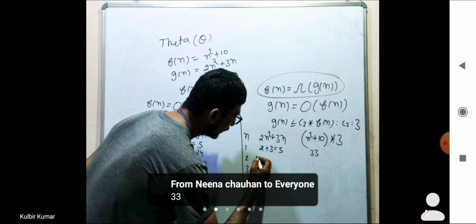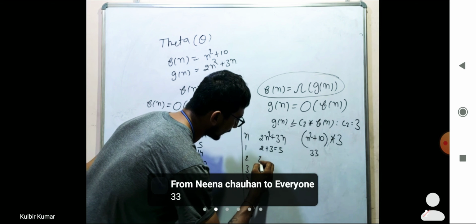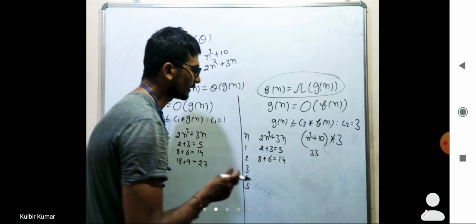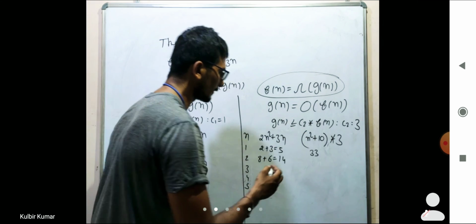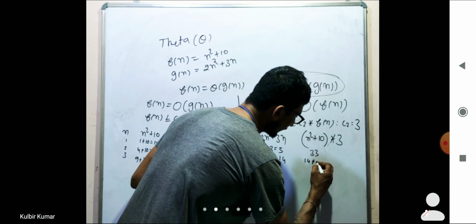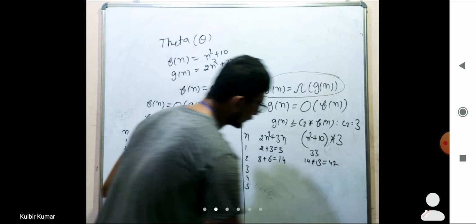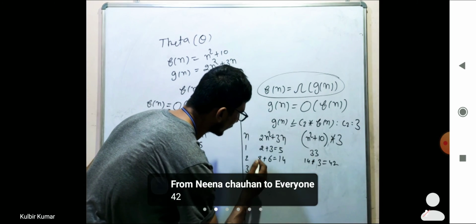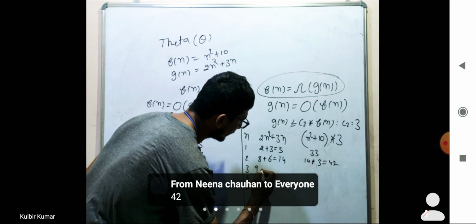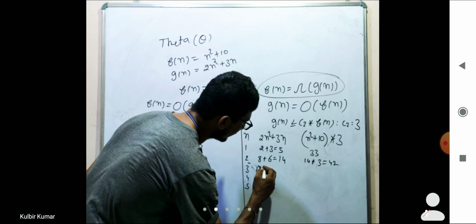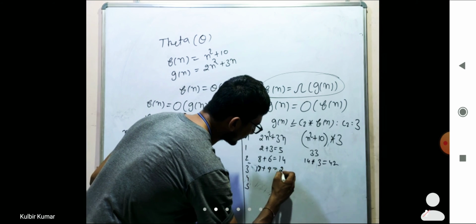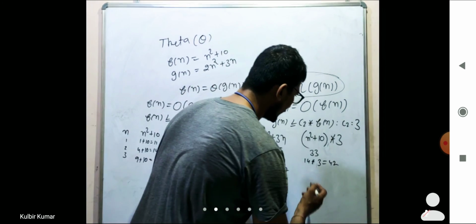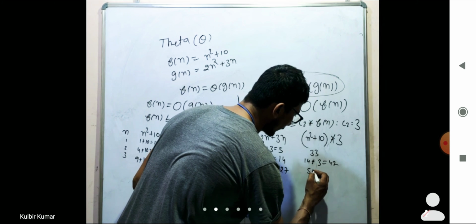Let us take 2. 2 का स्क्वायर कितना होता है? 4 into 2 8, 8 plus 6 14, और ये कितना आ जाएगा? 2 का स्क्वायर, that is nothing but 4. 4 and 10 14 into 3, it becomes 42. और जब 3 पुट करेंगे then 2 into 3 square, that is 9, 18 plus 9 27, and this thing will become 3 square 9 plus 10 19, and it becomes 57.